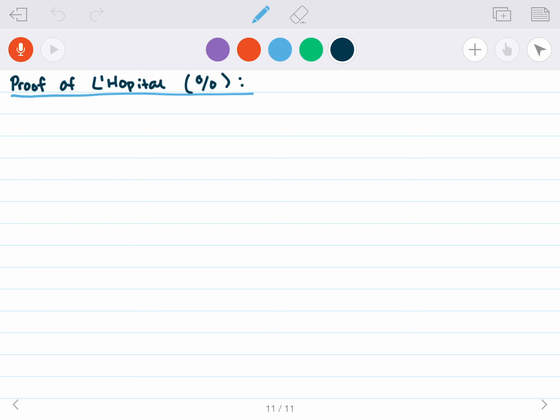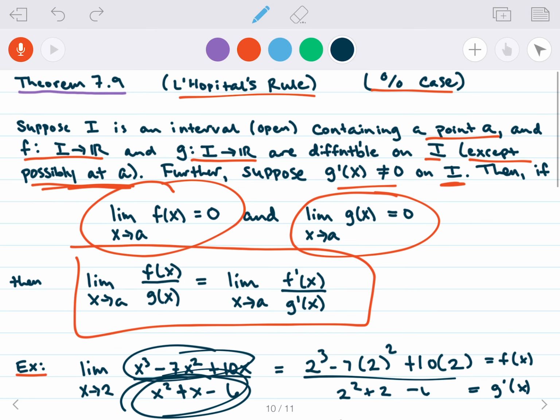All right, so what is our assumption for L'Hopital's rule? Okay, we have that both of our functions, f and g, are differentiable on this interval I, except maybe not at a. So you can tell all the YouTubers that are doing this, wait a minute, why are you assuming differentiability at a?